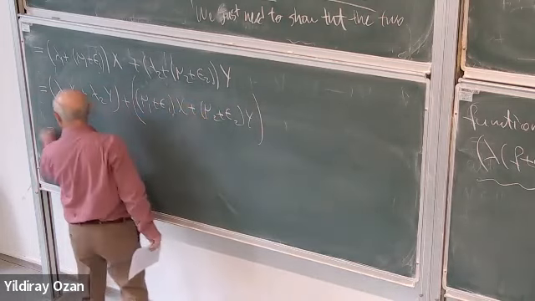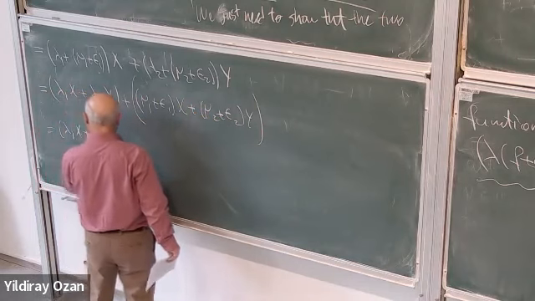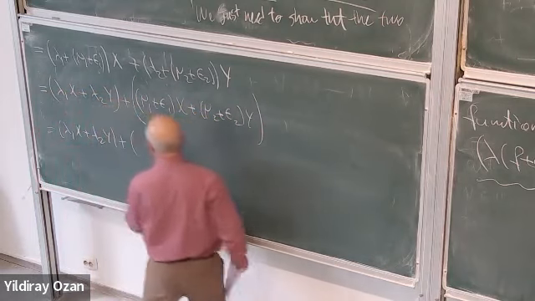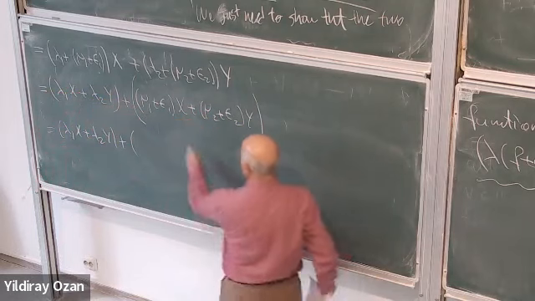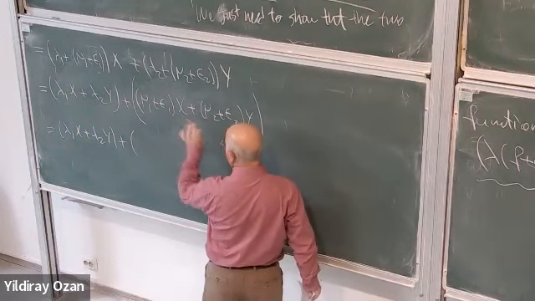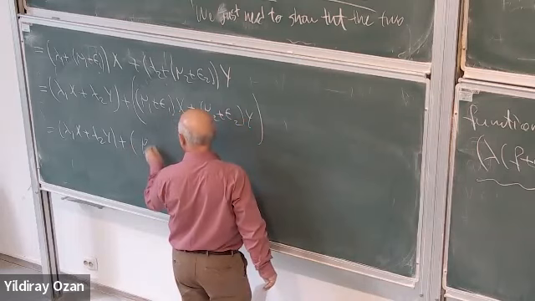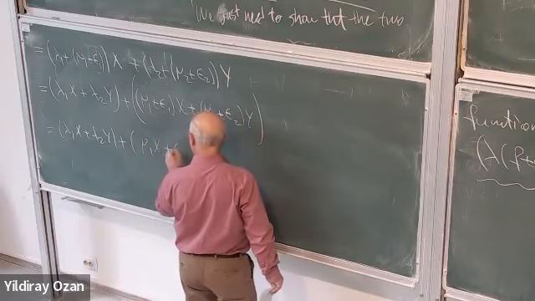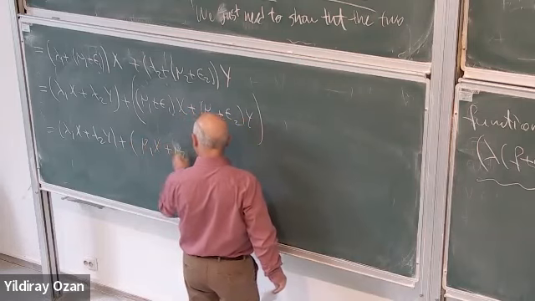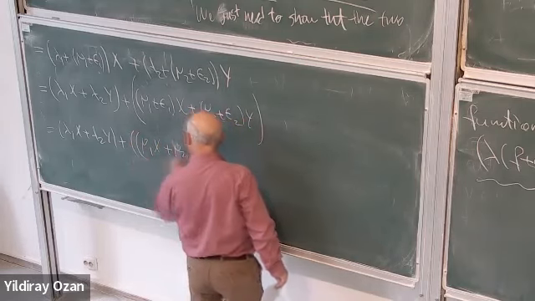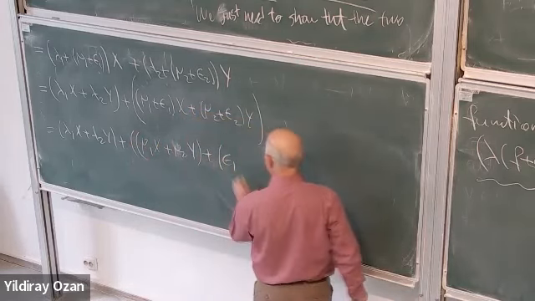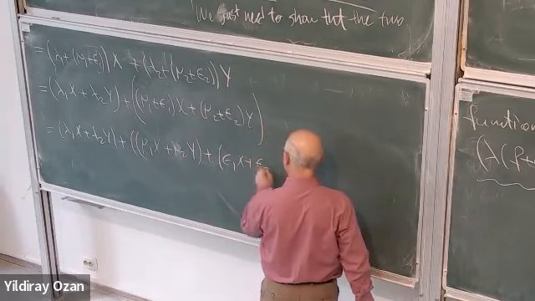And now, again using the definition of addition, this is just lambda 1 x plus lambda 2 y plus mu 1 times x plus mu 2 times y plus epsilon 1 times x plus epsilon 2 times y.